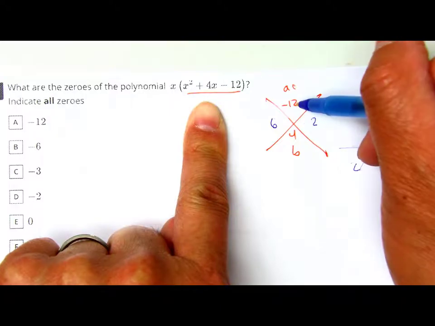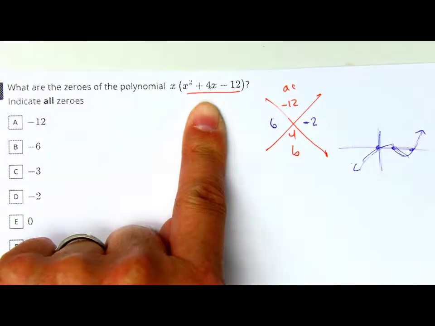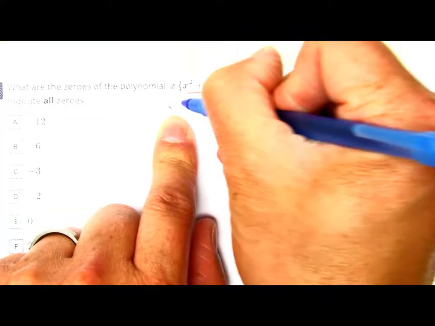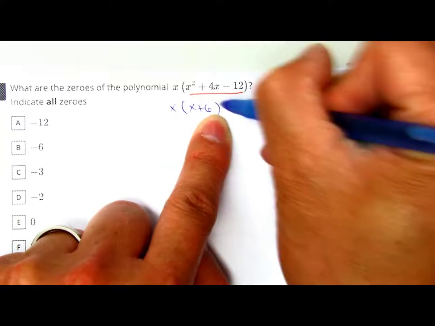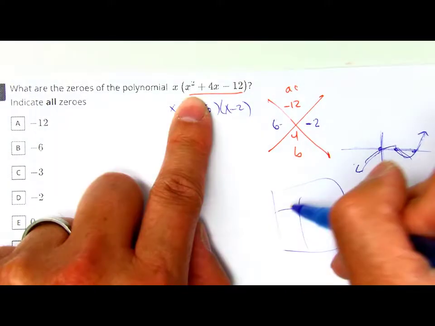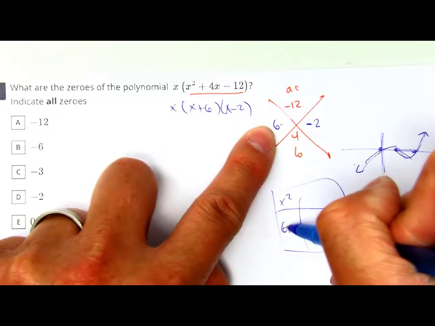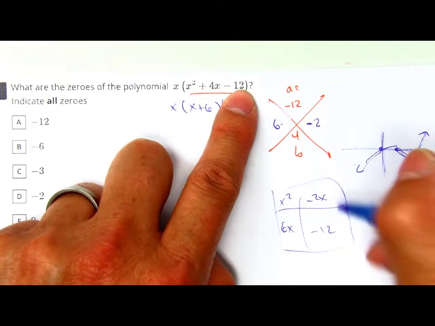One of these has to be negative, so that would be this one right here. So my answer would be x plus 6, x minus 2. Now remember, you asked, how come I didn't do the box? You can do the box, and you'll recognize that you get the same thing.